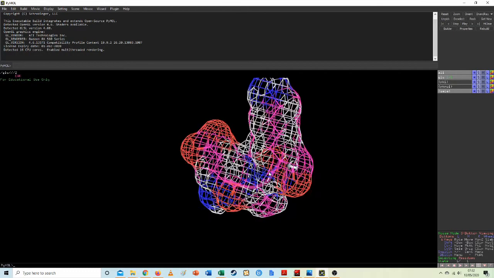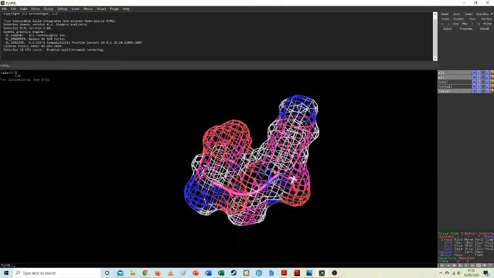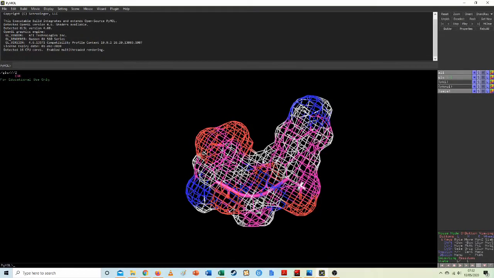So this is what our mesh structure looks like. And if you remember when we were chatting last time, we said that this negative charge here might attract that positive charge there.